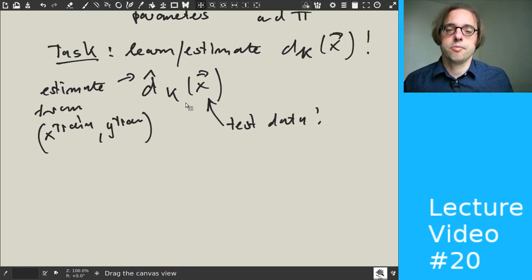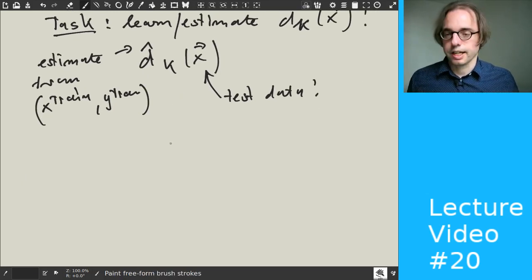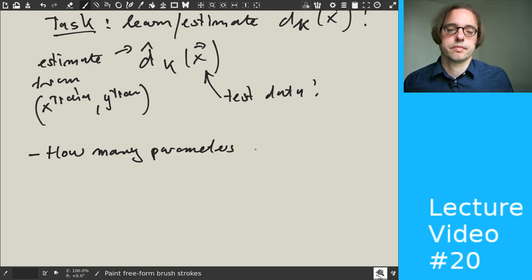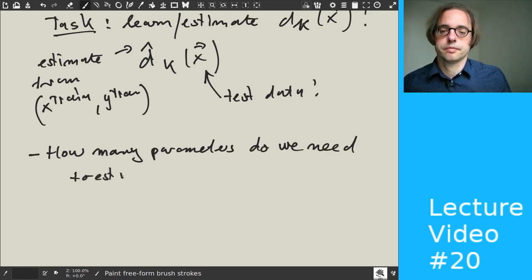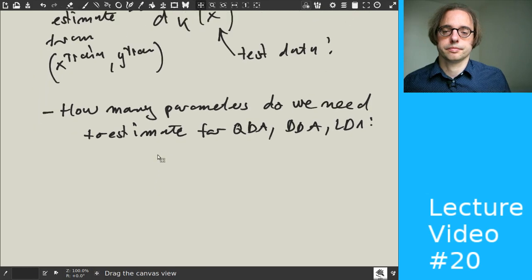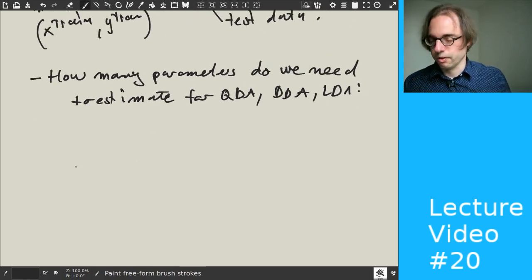So let's look at how many parameters we actually need to estimate for QDA, DDA, and LDA.